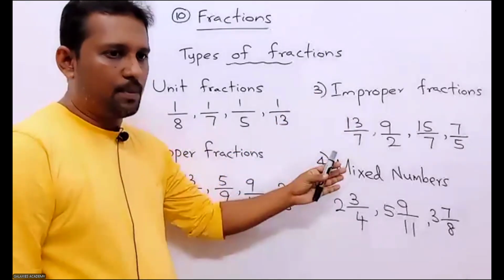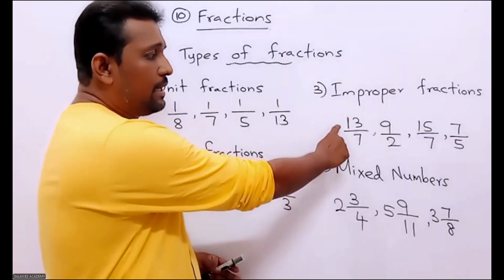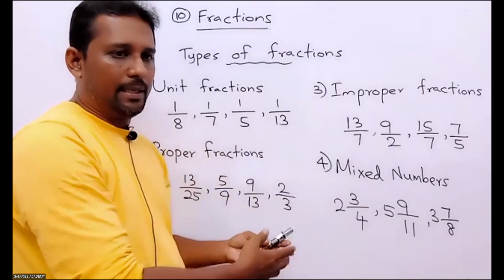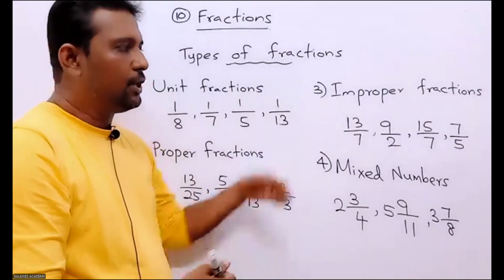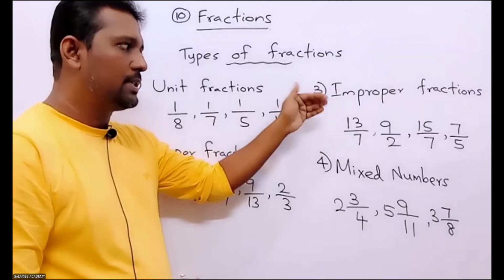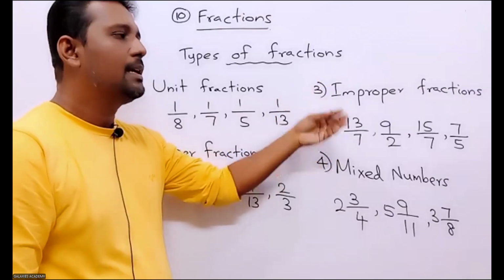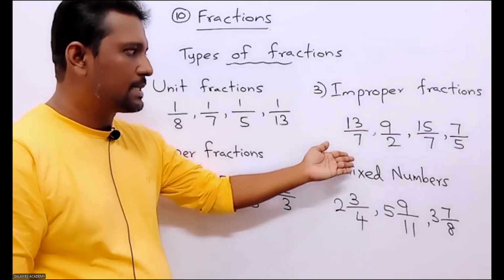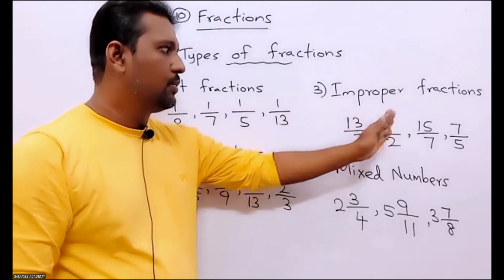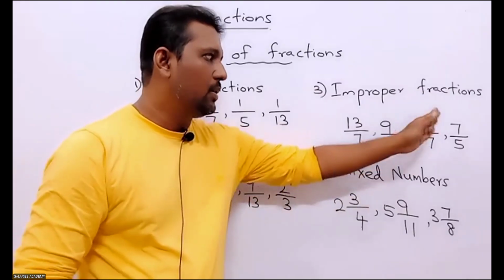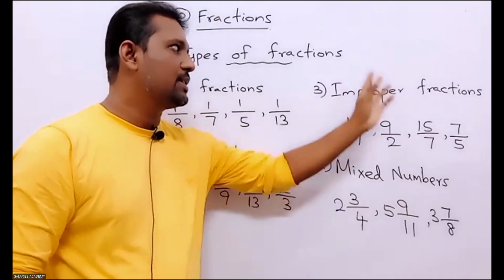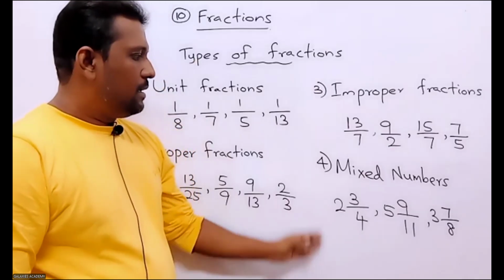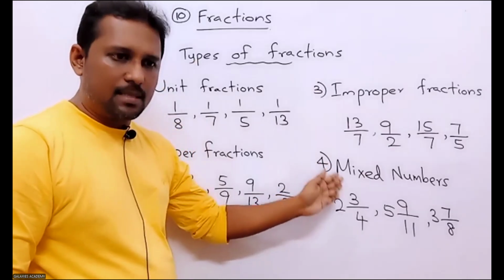Then the third type is improper fractions. If a fraction's numerator is greater than its denominator, they are known as improper fractions. Examples: 13 over 7, 9 over 2, 15 over 7, 7 over 5. Then the fourth type, mixed numbers.